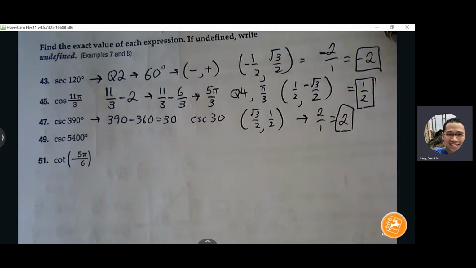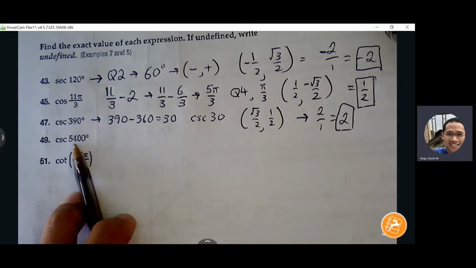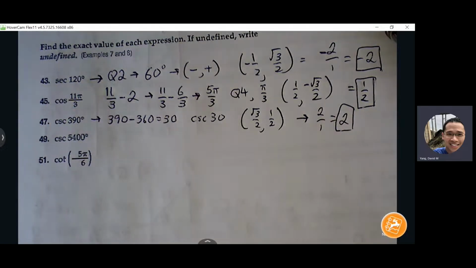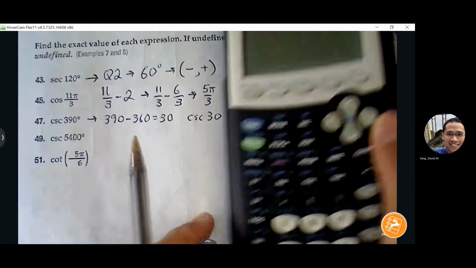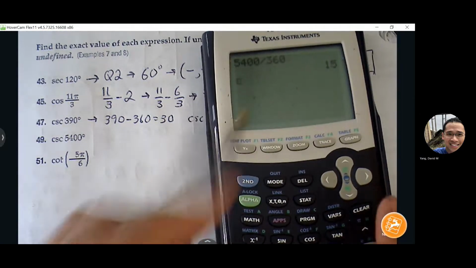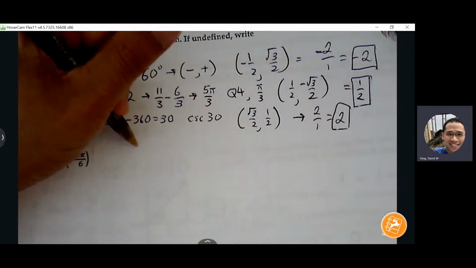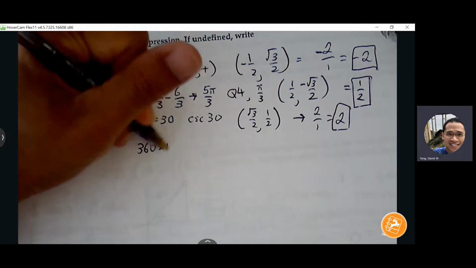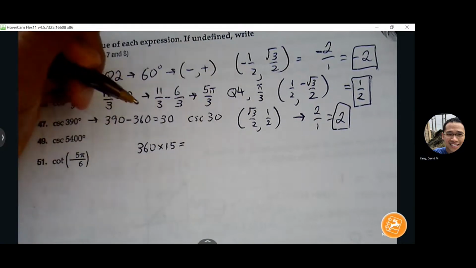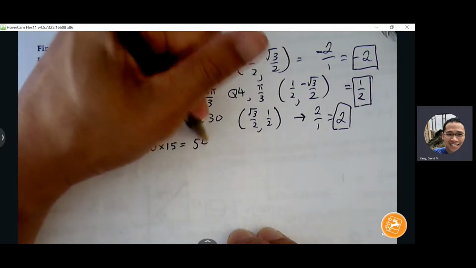Okay, 5,400, that is a large number. We talked about a strategy where if I divide by 360, I can have an idea about how many rotations it is. So it's 15 rotations around the circle. So if I do 360 times 15, exactly 5,400.